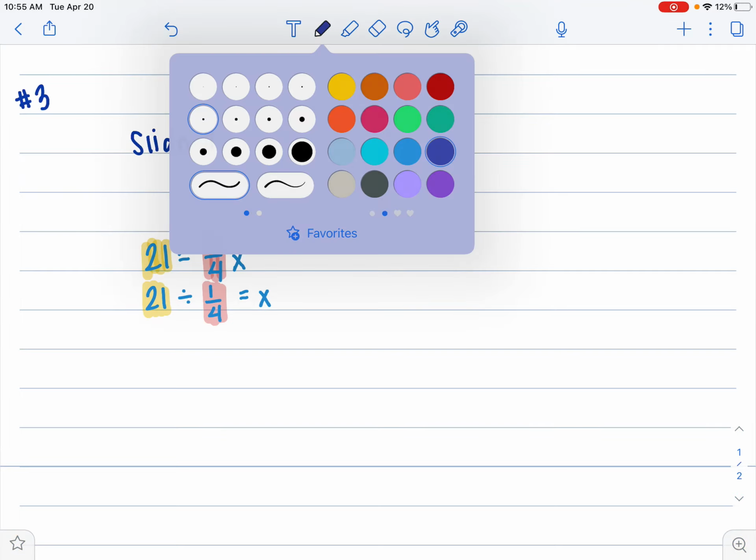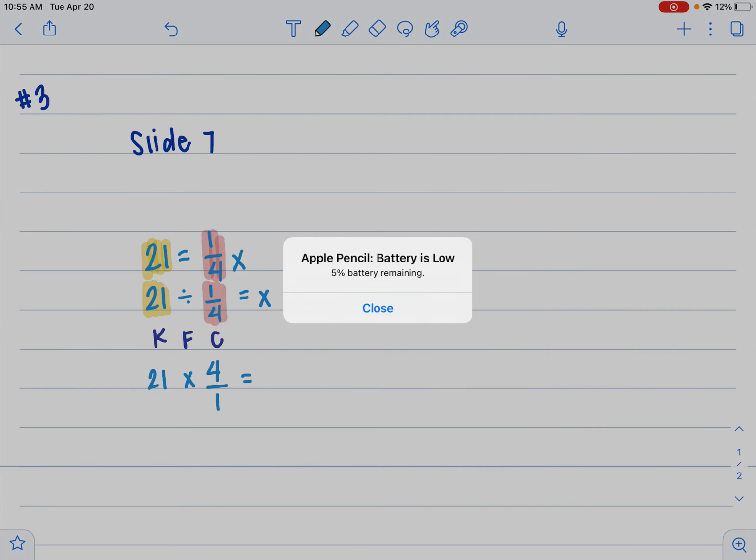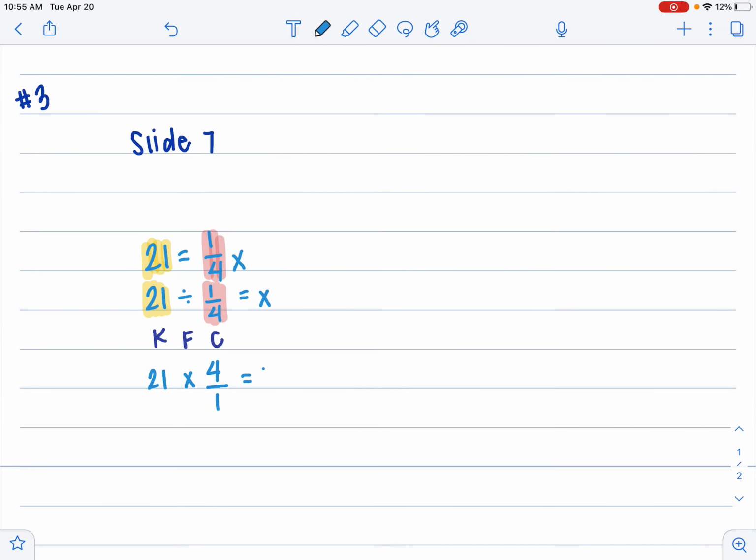We want to think back to Mr. Howard's class, KFC, keep, flip, change. We're going to keep 21 the same. We'll flip our division symbol to a multiplication symbol, and we'll change 1/4 to 4/1. We simply end up with 21 times 4, which is equal to 84.